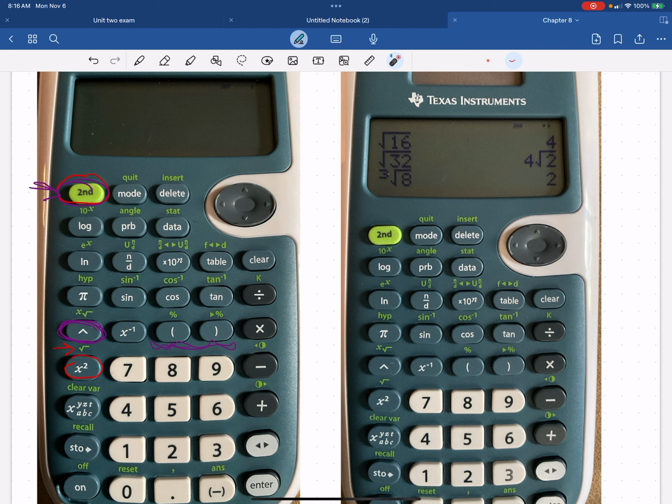So when we want to do a multiple root, you look here, there's the x, so you need to say which root. If I need a fifth root, I would do 5, second, this guy, and then I would type like 32, and the fifth root of 32, I would get 2 there.